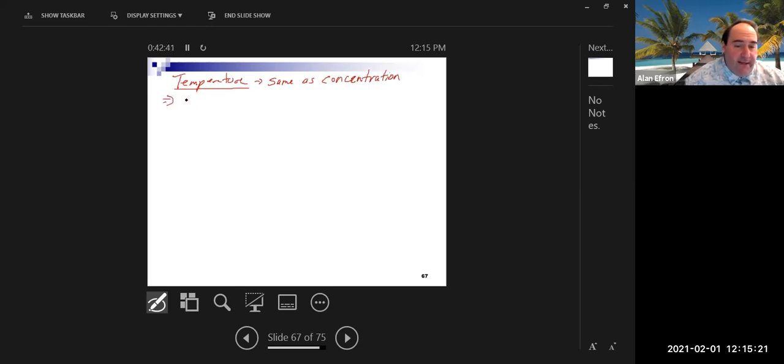So if we increase the temperature, it will shift away. And if we decrease the temperature, it will shift towards it.